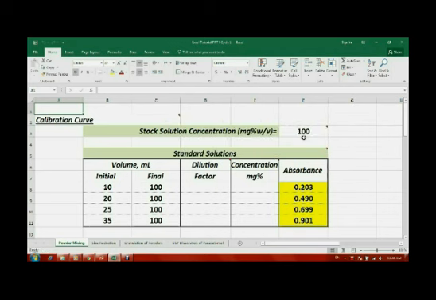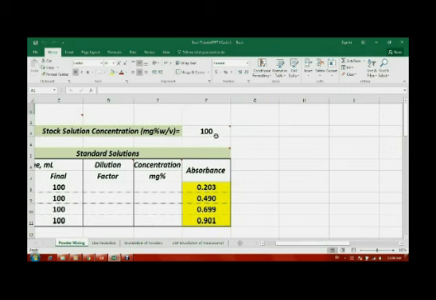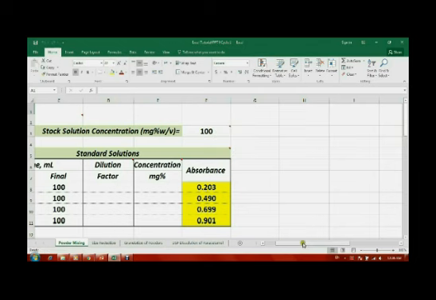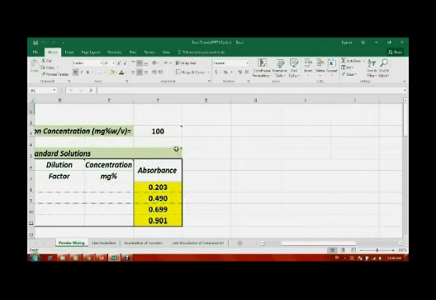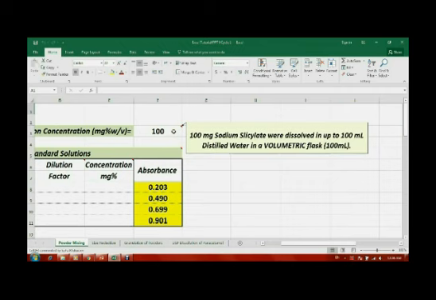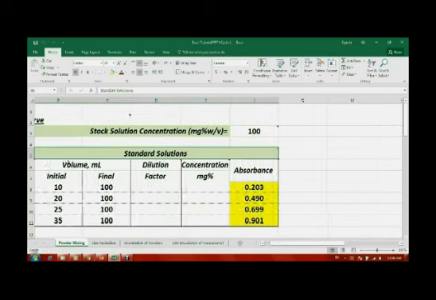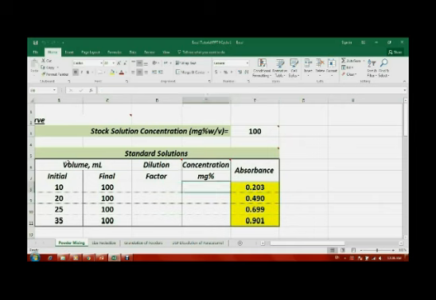This should be done via calculating the concentration of each sample. Then we have to start with constructing our calibration curve. Remember, the concentration of the stock solution we prepared during calibration curve construction was 100 mg% weight per volume.